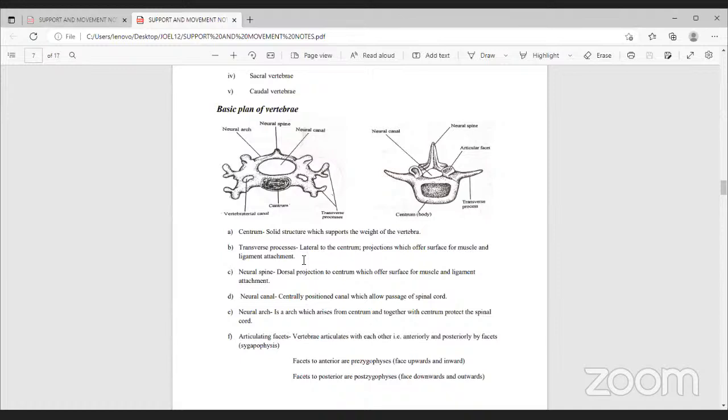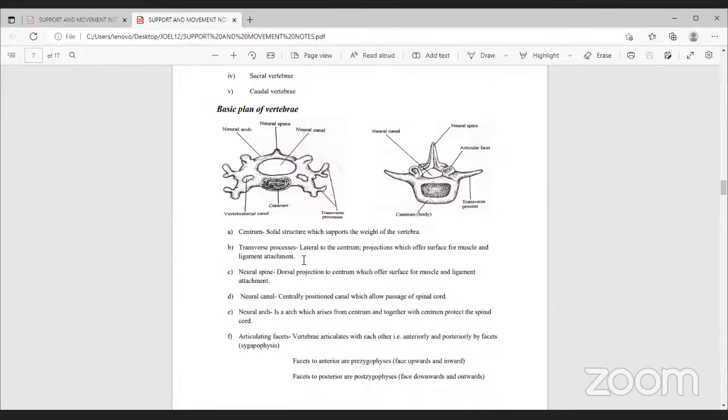Then you say that the following features are found in the vertebrae.